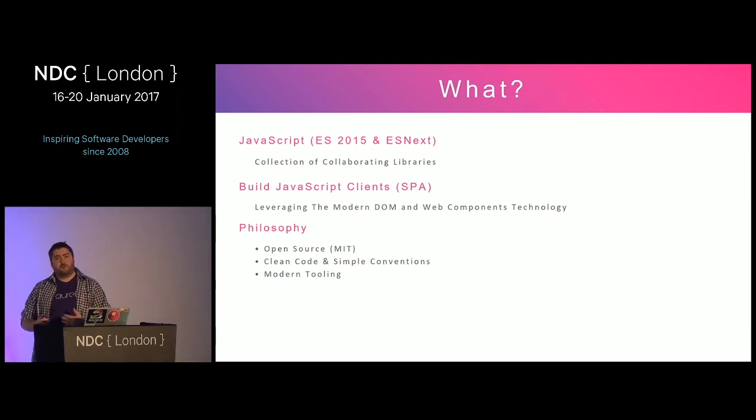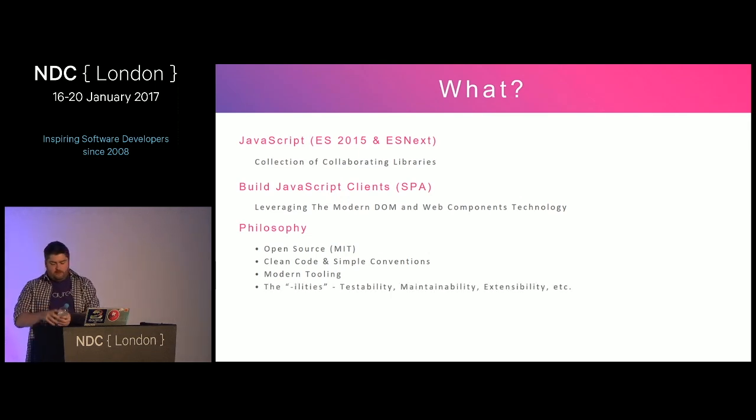We use modern tooling, such as NPM and Yarn and everything. We build our tooling on top of that. We have a CLI now that we're working on that utilizes all of this and brings it together so that you're utilizing familiar tooling as a JavaScript developer. And also, we like to focus on what we call the ilities: testability, maintainability, extensibility.